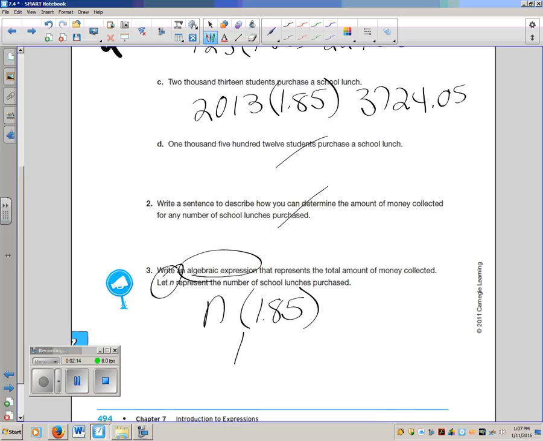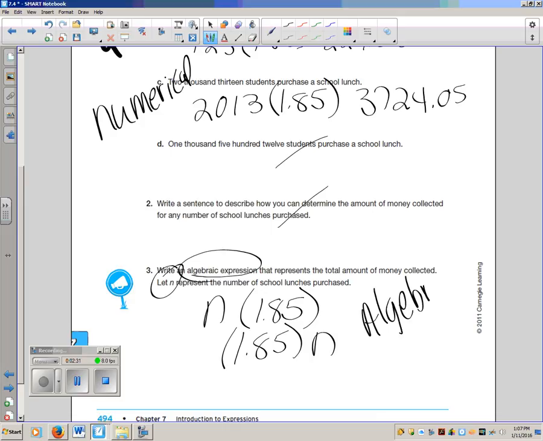You can write it also this way, $1.85, put N second. That's the algebraic expression. The top part, these are numerical, because we use nothing but numbers. On the bottom, this is algebraic, because now we've got the variable right there.